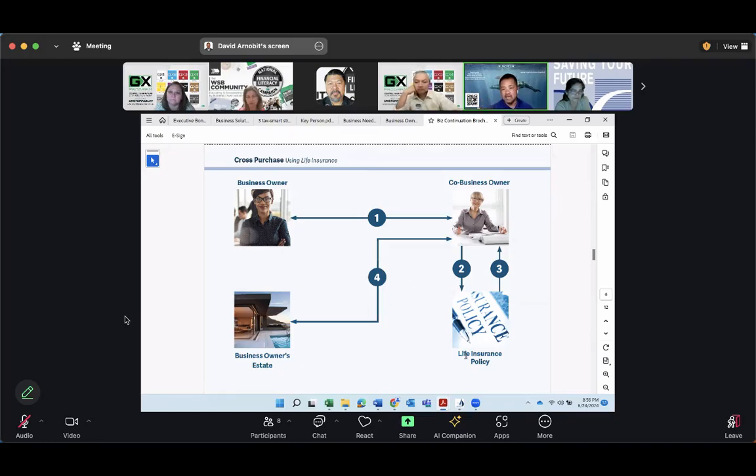If I died, this plan will pay out to Ray. Ray will be able to pay out my wife, and then carry on the business as he sees fit. The other thing it does, if there's cash value and it's funded properly, it gives the owner a source to pull money out to satisfy whatever that dollar agreement is over a course of time.